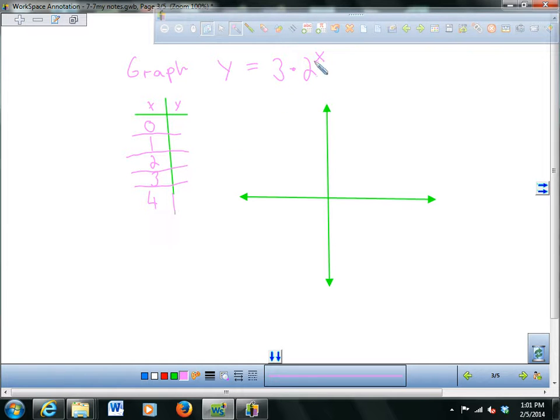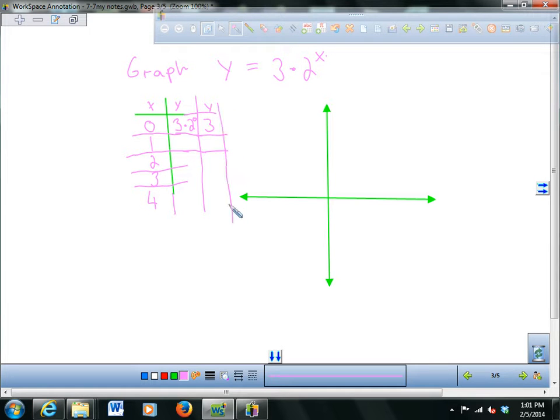How is it 3, Sage? Since 0 is the exponent, won't that just cancel out? It's 3 times 2 to the 0, right? What's anything raised to 0? 1, which gives you 3 times 1, which is 3.